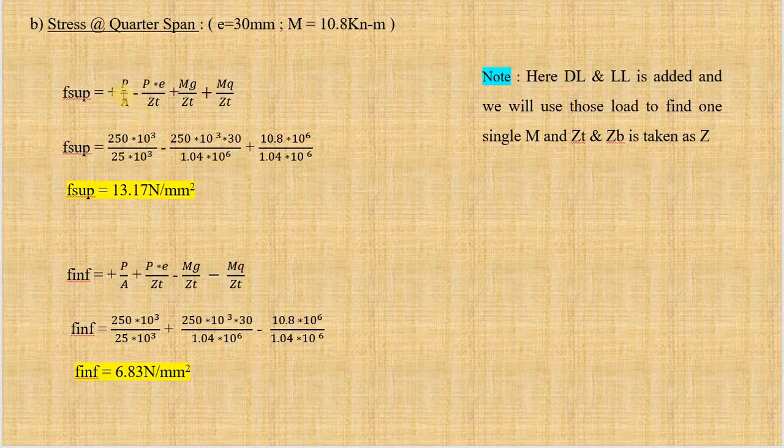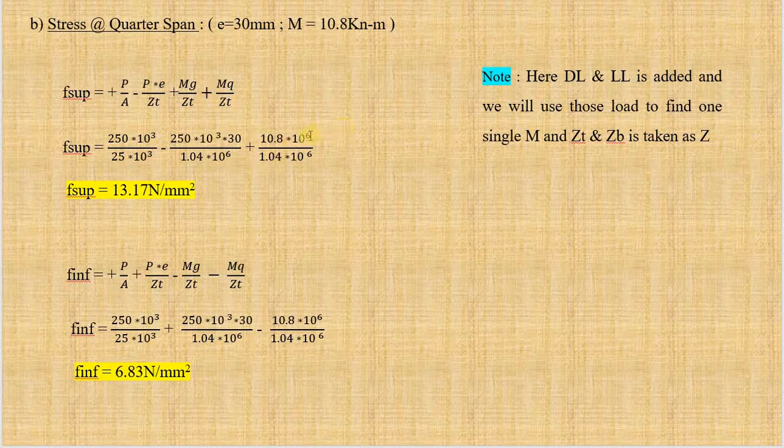The first term is P by A, which I have substituted. The next term is PE by Z, with just Z directly, so it is minus P into E, which is 30 as I have mentioned, divided by the Z value. Then add the third and fourth term, which is a single term, directly M by Z.